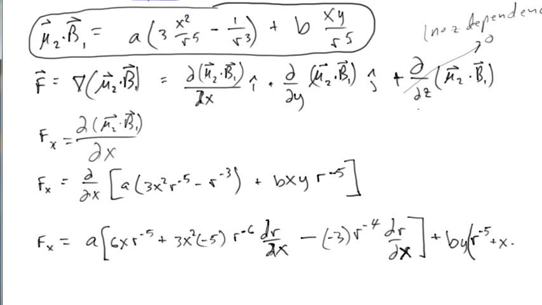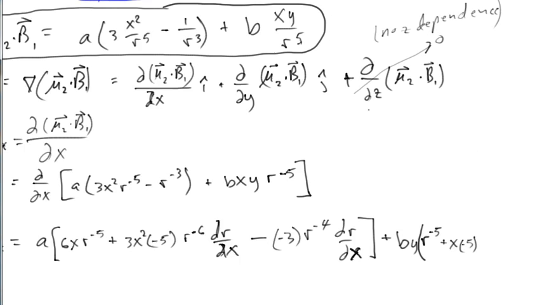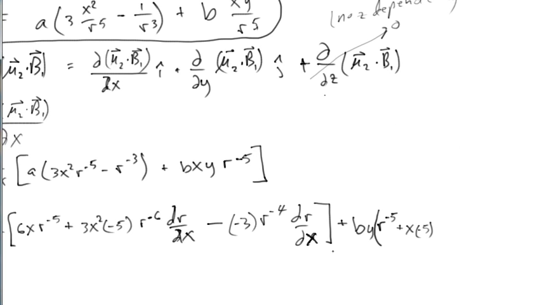Bring the minus 5 down, then times that to the power reduced by 1, r to the minus 6, and then times the derivative of the inside, which is dr by dx. So we're taking the derivative with respect to x. Alright, I think that's got it.